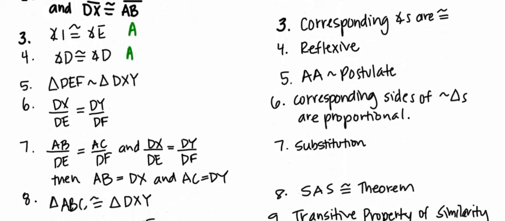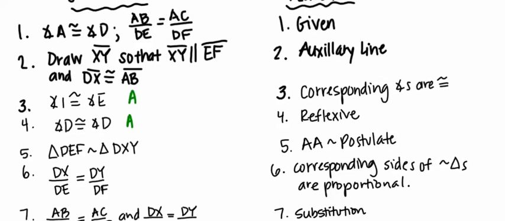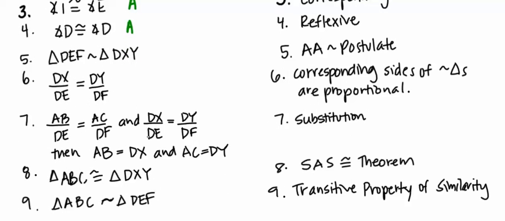We already know that AB over DE is equal to AC over DF. That was given information. And now we know that DX over DE is equal to DY over DF. Therefore, AB is equal to DX and AC is equal to DY.